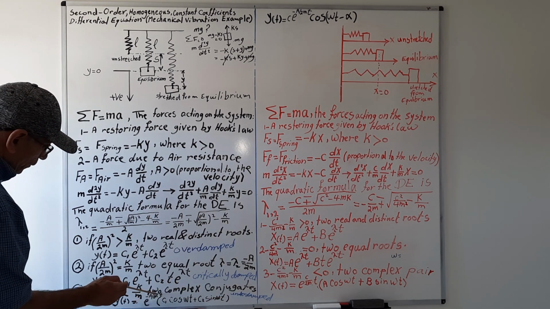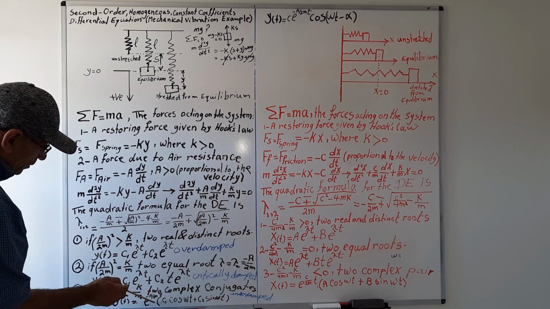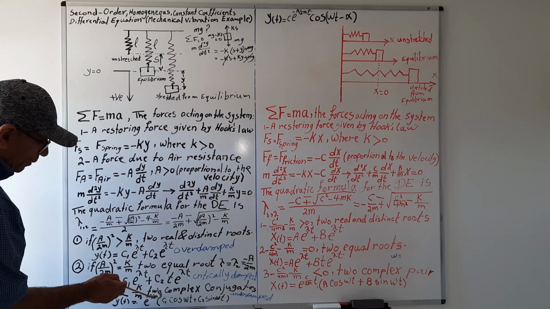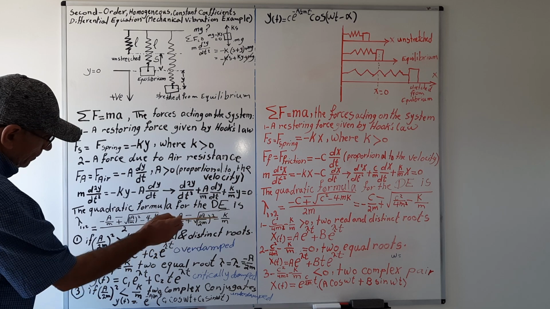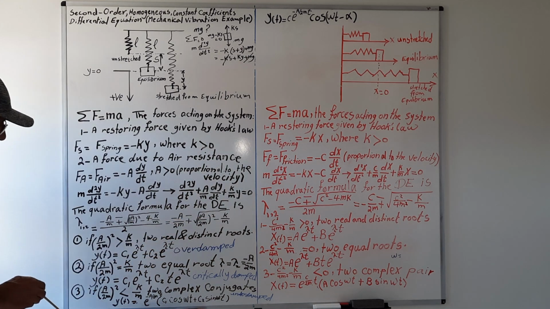This is e to the power t times the real part of the complex number, and here we put omega instead of the square root of k over m minus a over 2m squared.